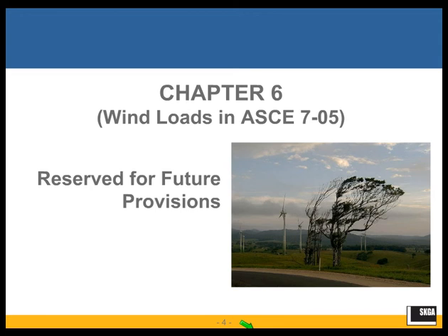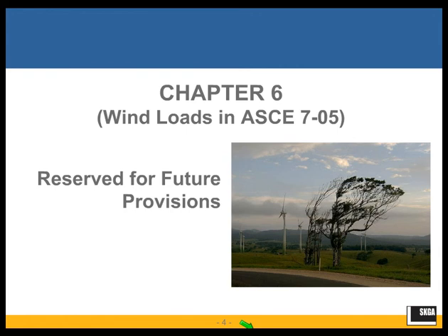In ASCE 7, for a lot of years, wind was in one section, as it was called back then, Section 6. In ASCE 7-05, it became Chapter 6. In ASCE 7-10, Chapter 6 has been left open for other things in the future, and a candidate for Chapter 6 has already emerged for the 2016 edition.